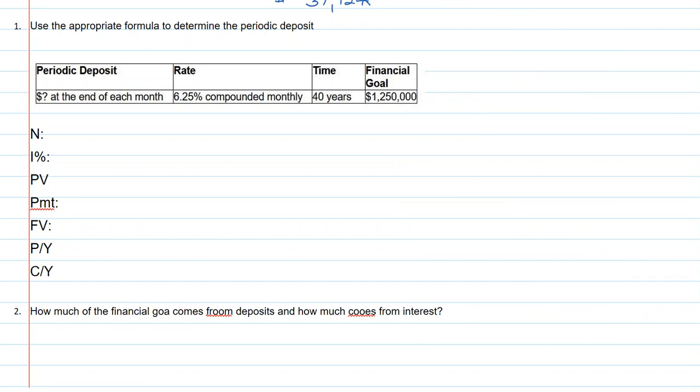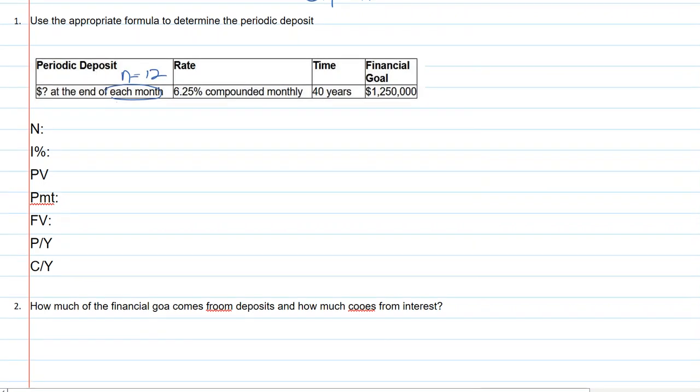All right. How much at the end of each month, so that N is 12, must be deposited at 6 and 25 hundredths percent compounded monthly for 40 years to reach a goal of $1,250,000. So we were looking for our deposit, which for this course means payment.